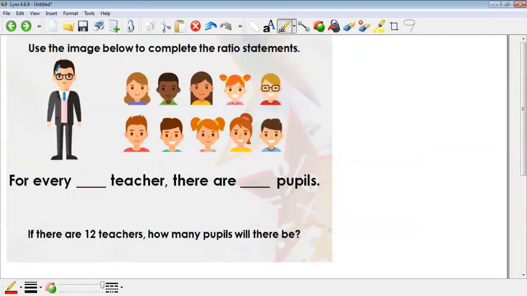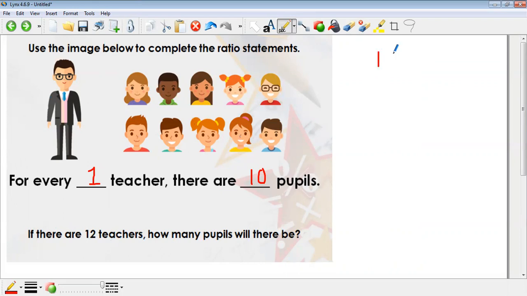So use the image below to complete the ratio statements. There's obviously one teacher here, and then there's 2 groups of 5 there, which is 10 pupils. And then it asks, if there are 12 teachers, how many pupils will there be?